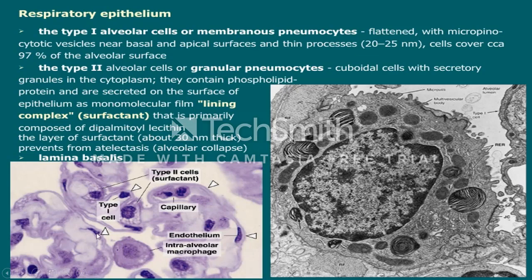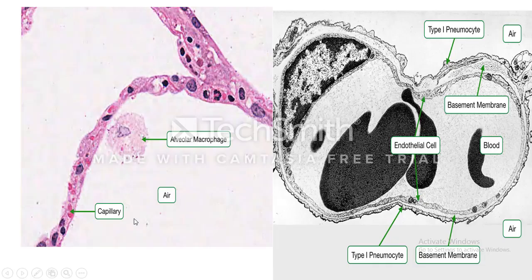Okay? This is pneumocyte 1, pneumocyte 3, pneumocyte 2, in a light microscope of alveolar septum. This is pneumocyte 3, yes. And this is capillary. Okay? This is a pneumocyte 1.